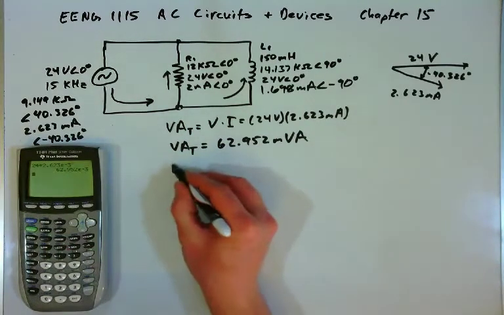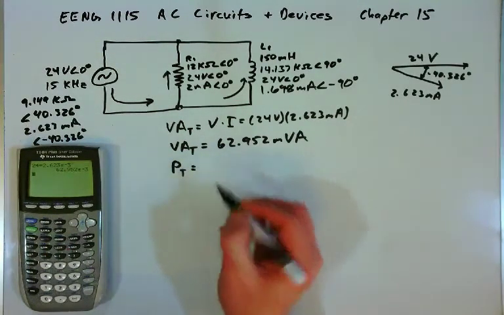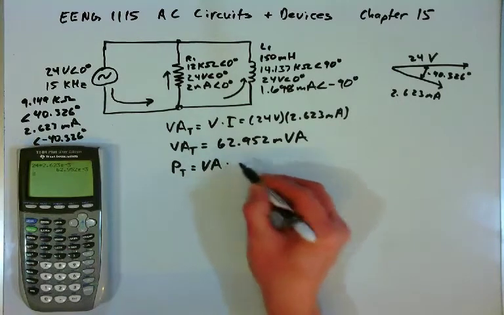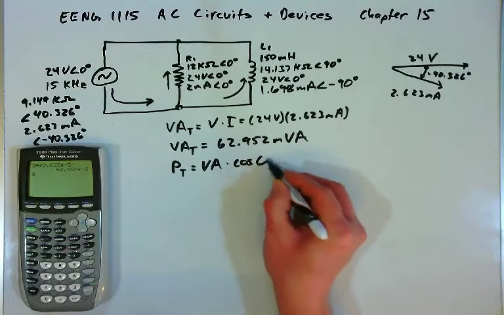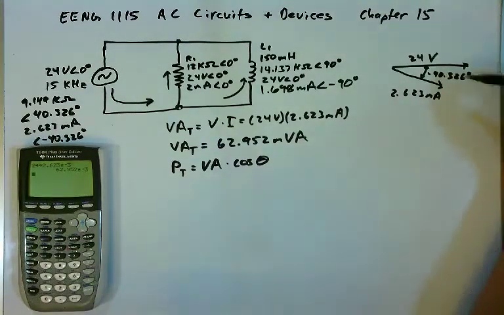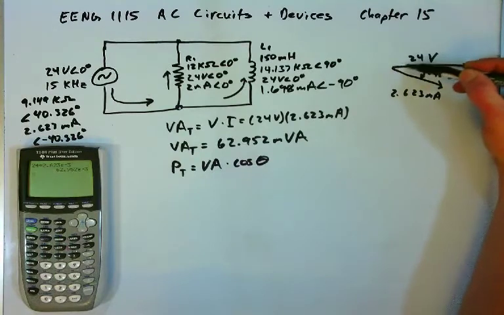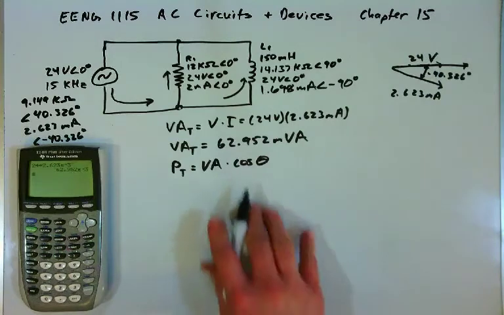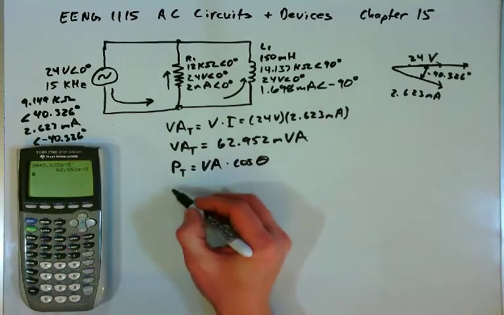And now we will find the total power of the circuit, which is going to be the volt amps times the cosine of the absolute value of the angle between the voltage and the current. And so what we're looking for here is the component of the current that is in phase with the voltage, and we find that by multiplying by the cosine.